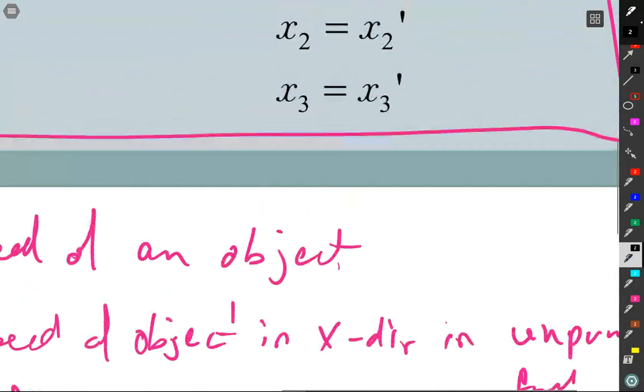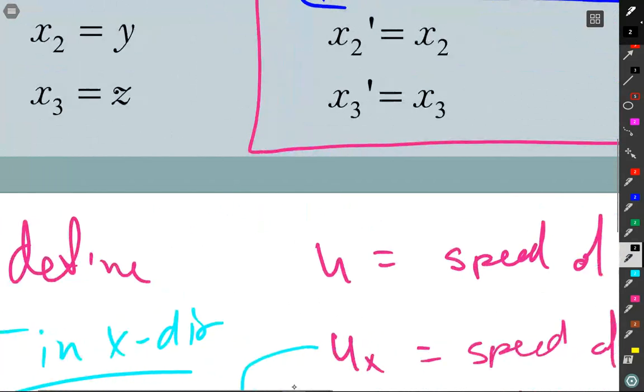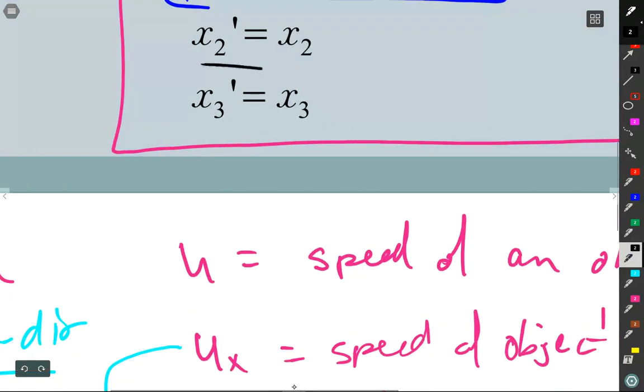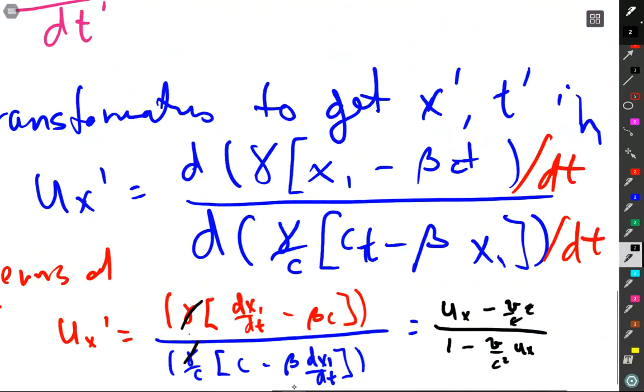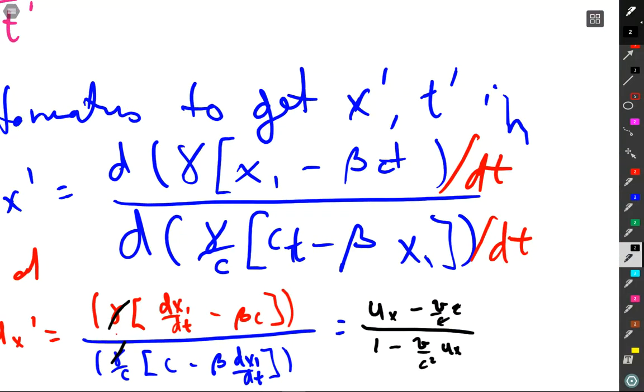But if you look at y prime, that's x2. x2 prime is just x2. So the bottom's going to stay exactly the same, and the top is just going to be uy. And so if you do addition of perpendicular velocity, the top is just uy. You don't have the gamma divided out, so you're going to have a gamma out front, and then everything's the same in the denominator.